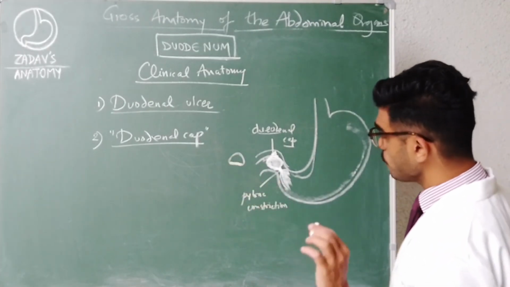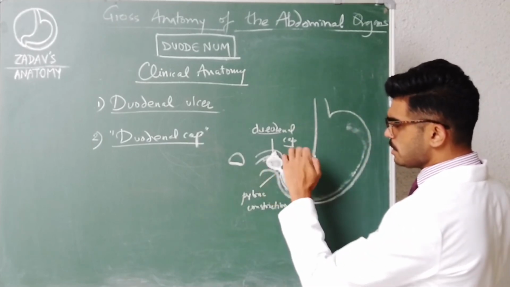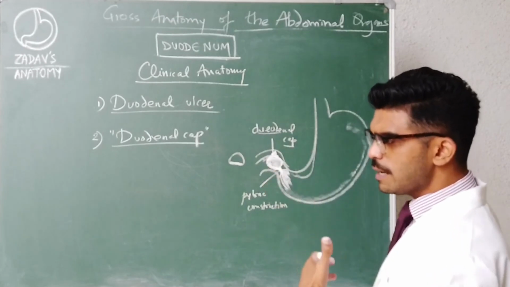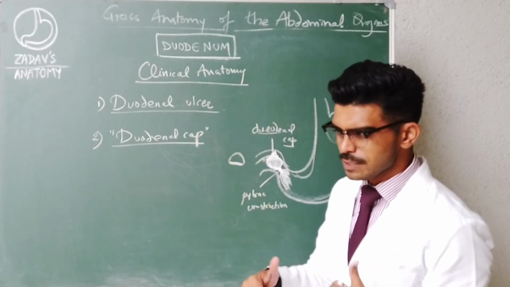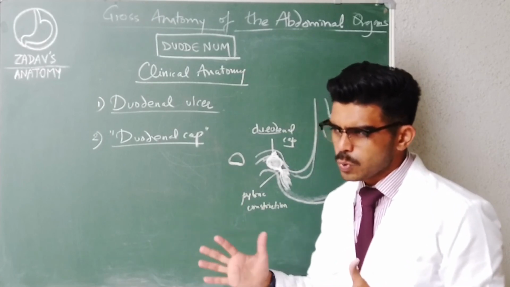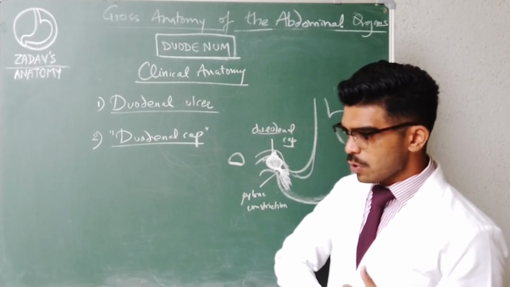Now also remember that the duodenum, since it is retroperitoneal and more close to the posterior abdominal wall in the right paravertebral gutter, is not very prone to injuries that occur on the anterior abdominal wall.